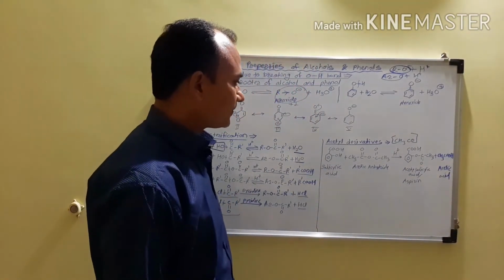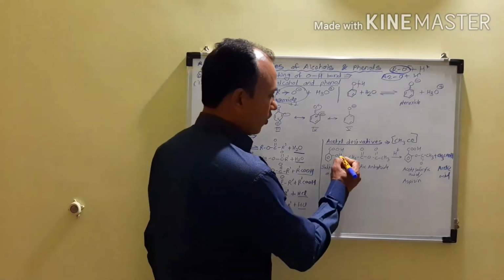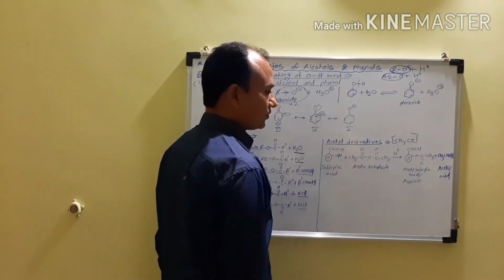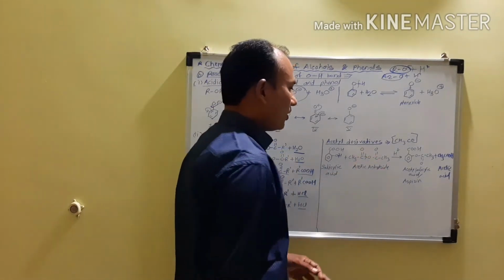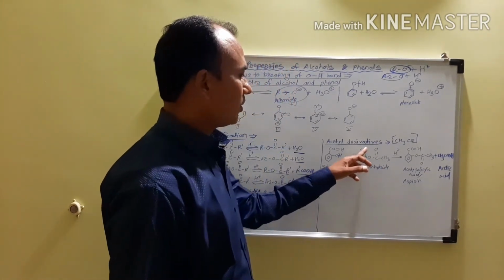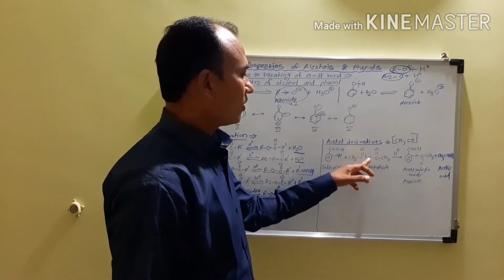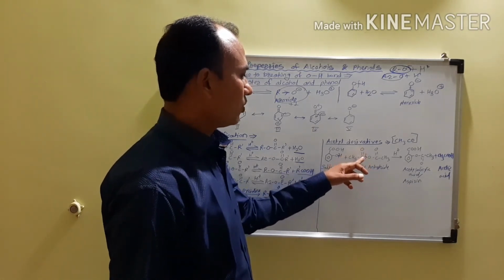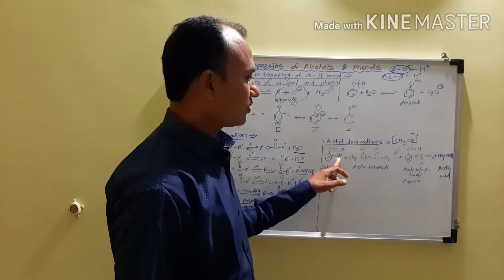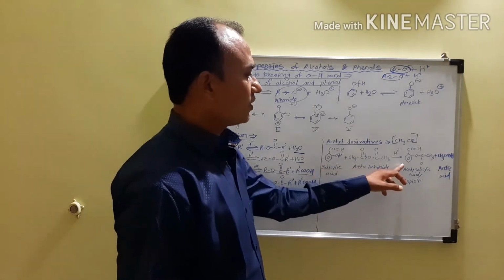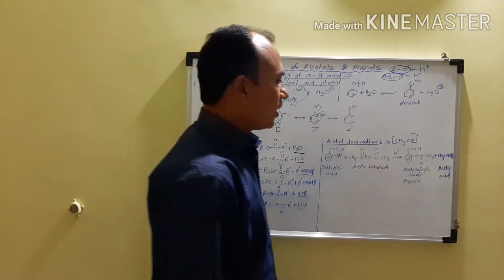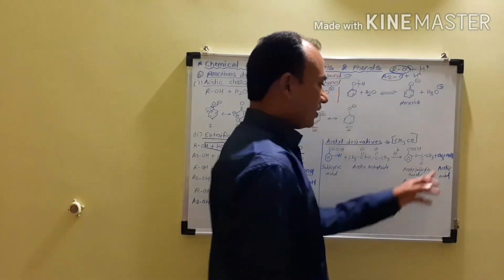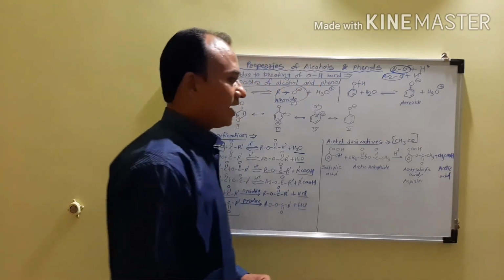In that case, there will be a breaking of the OH bond, and a breaking of the bond between C=O and O, then the C=O CH3 gets attached to this to form an ester. The name of that ester is acetyl salicylic acid. And the second product is acetic acid.